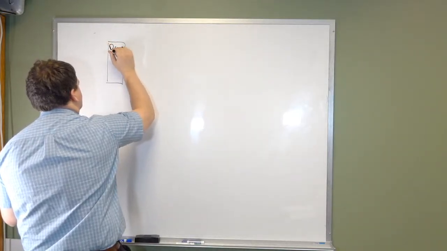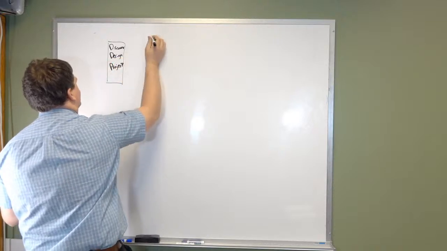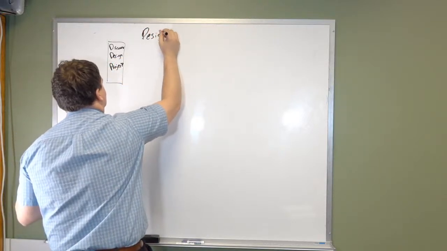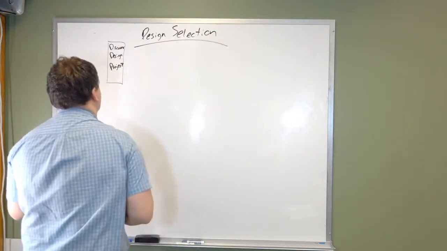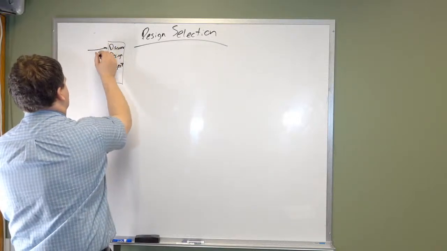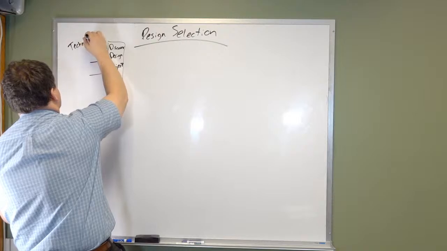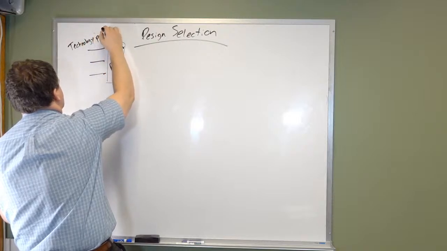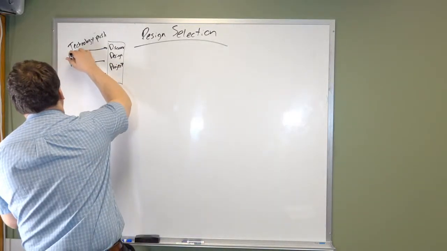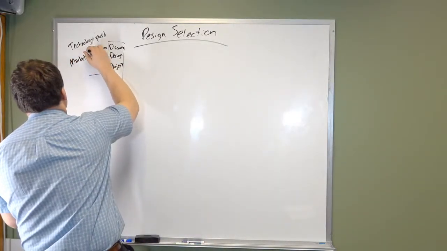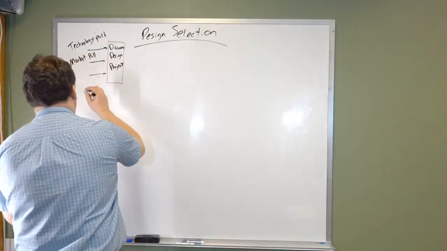But there were three inputs that led into this. One of them was a technology push. One of them was a market pull. And the last one was the product change.